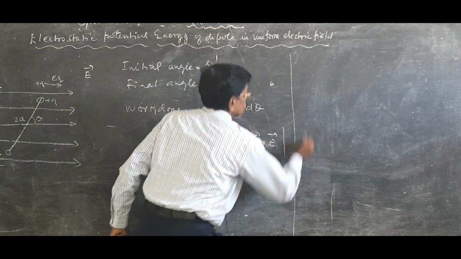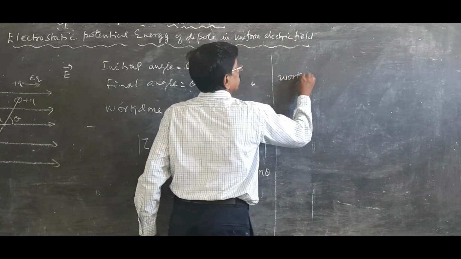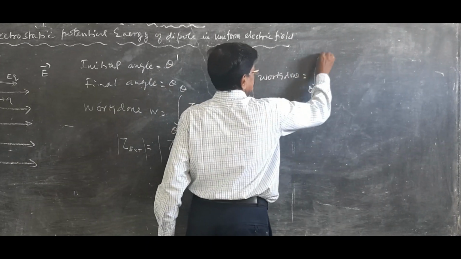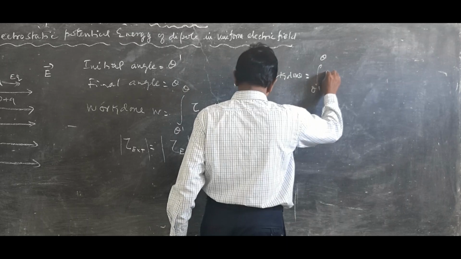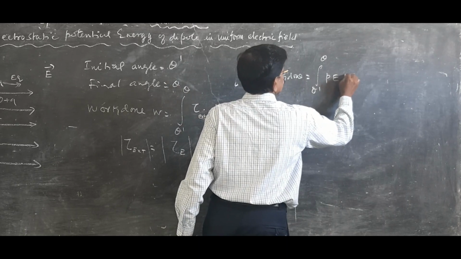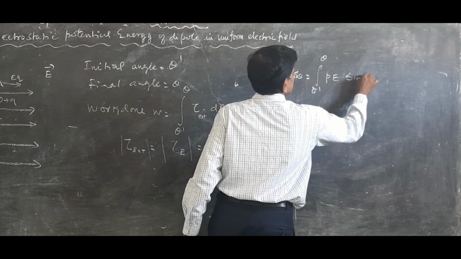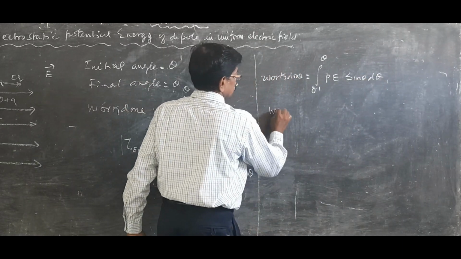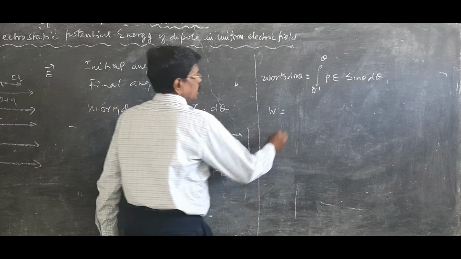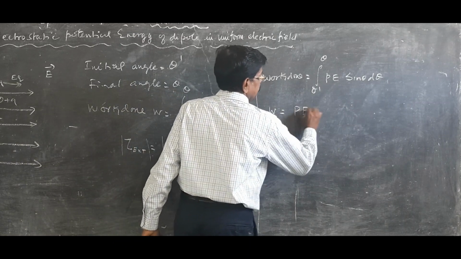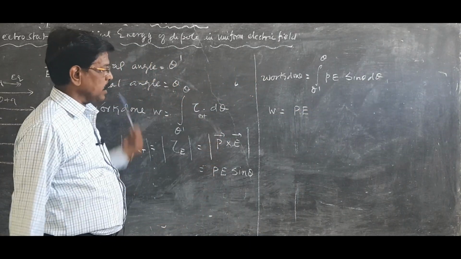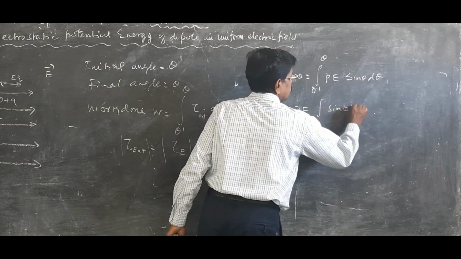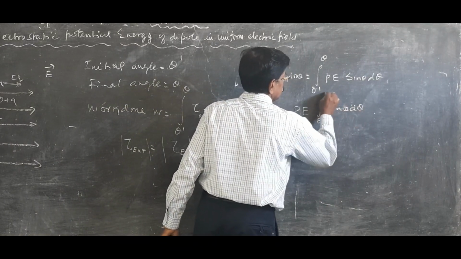The work done equals the integral from theta dash to theta of PE sin theta d theta. P and E are constants. Since they are constants, they can be taken outside. So the integral of sin theta d theta from theta dash to theta.